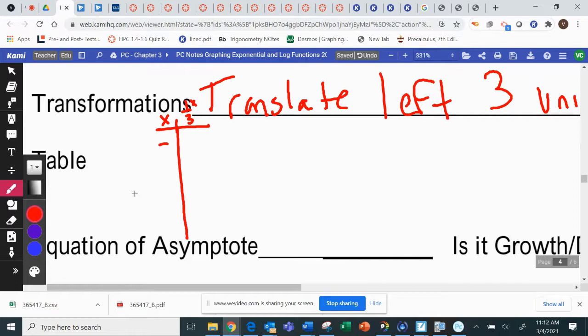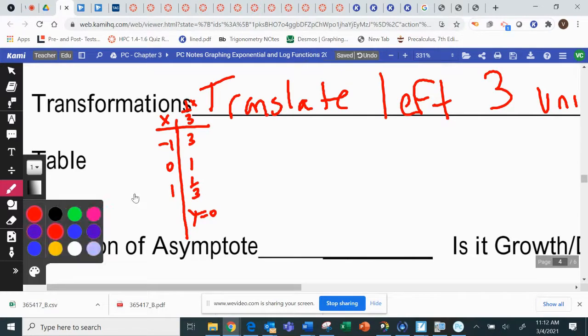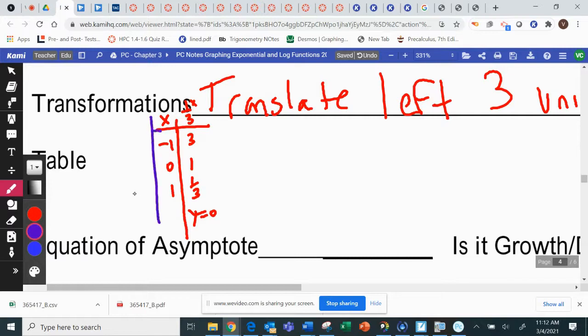So I'm going to use -1, 0, 1, y equals 0. When I do -1, that reciprocates 1/3, so I get 3. And then when I put 1 in, I get a third. We're going to translate left, so on my x side, I'm going to subtract 3.